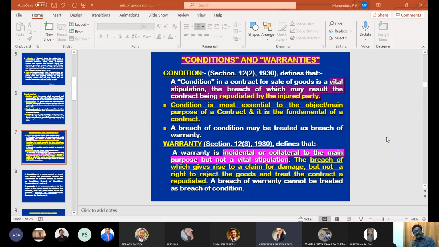Warranty is the master, guarantee is the servant. Warranty is the legal guarantee. Whatever the warranty says, the guarantee will carry out. If the warranty says replacement of the brake drum, guarantee is for replacement.